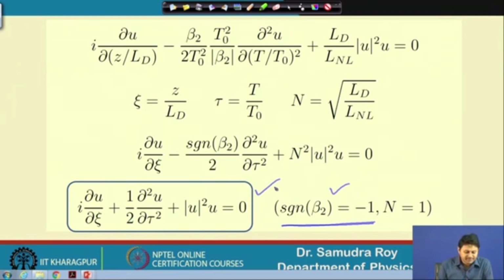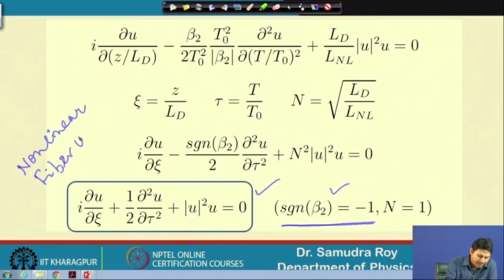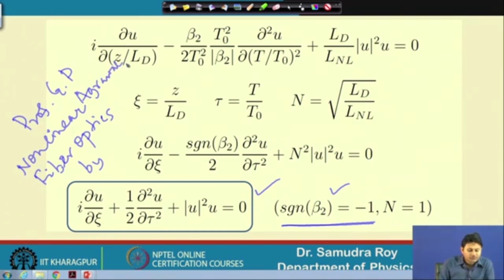Those who are interested can please look at a book called Nonlinear Fiber Optics by Professor G.P. Agrawal.